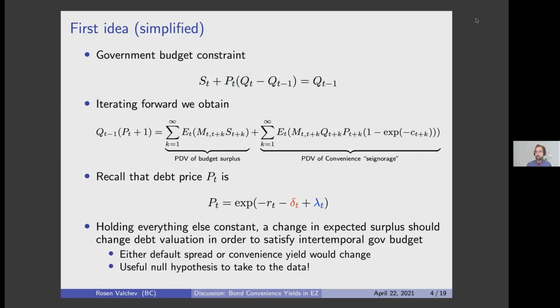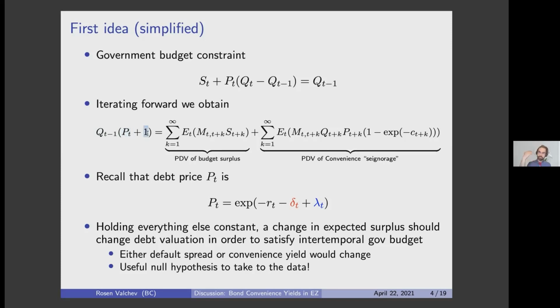So you iterate on this budget constraint, and you get the so-called intertemporal government budget constraint, and you can rearrange it in a way that says, well, the market value of the debt that you come into the period with, and not only that, this is really the market value of the liabilities you come into the period with. So that's both the market value of the principal I have to return, but also the coupons I have to pay this particular period.